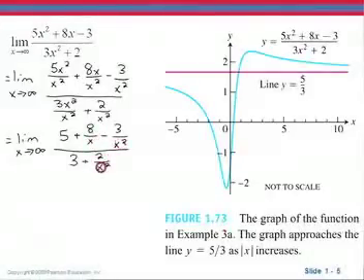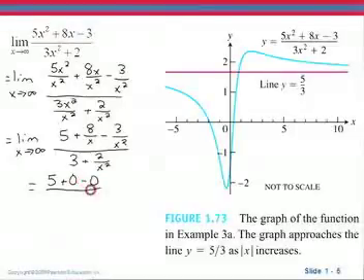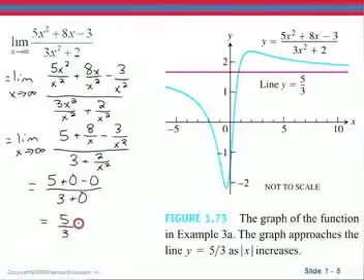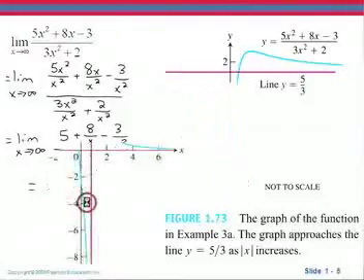Now, if you think about what happens as each one of these denominators become infinitely large, 8 over x, 3 over x squared, and 2 over x squared are going to become closer and closer to 0. So this limit is going to be 5 plus 0 minus 0 divided by 3 plus 0, or 5/3. So as our x's get larger and larger, our y's are going to approach the line y equals 5/3.